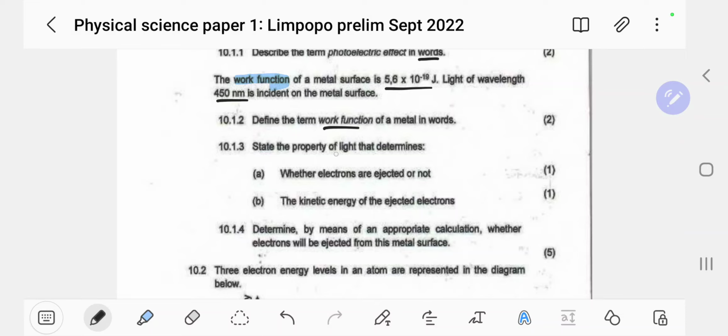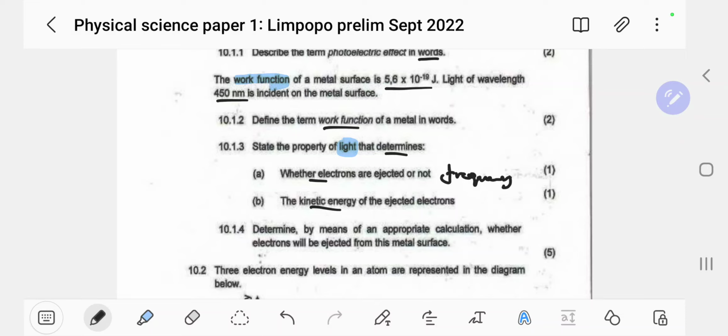Now it says state the property of light that determines whether electrons are ejected or not, whether kinetic energy or not. But what is this property of the light, not of the metal on which the light is put? It is its frequency, because if this frequency is above the threshold frequency of the metal, then the electrons will come out.